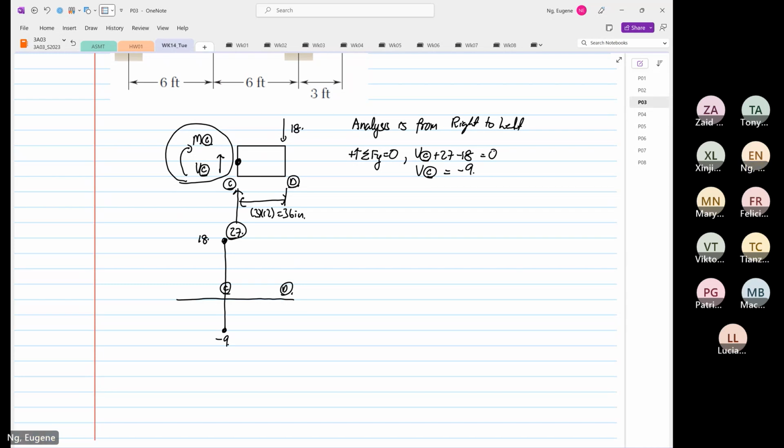Do you see that? Then from here there's no distributed load, so it goes horizontal. Then at 18 it comes to 0. So this is your shear force. Are you okay with that?